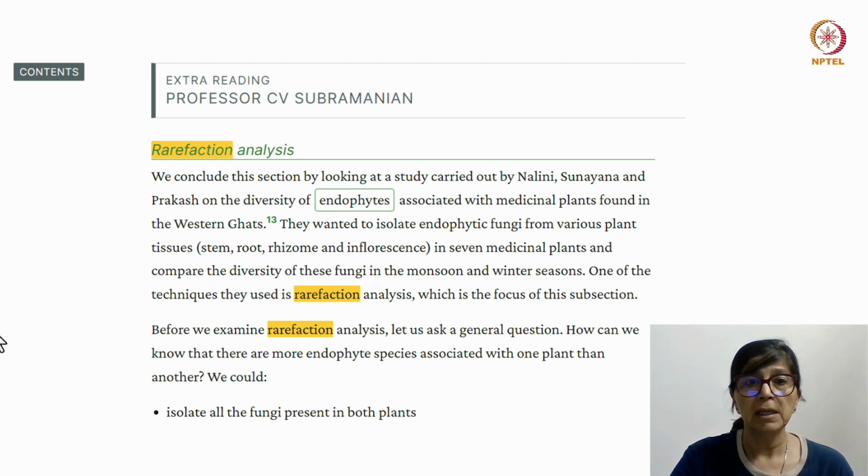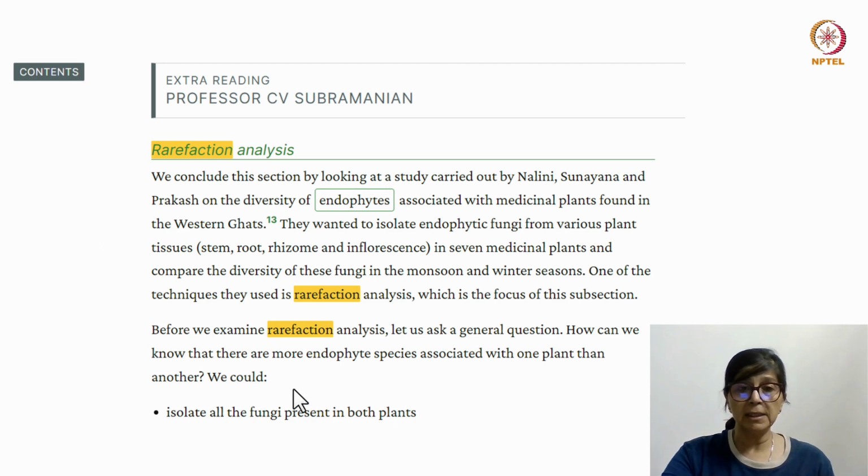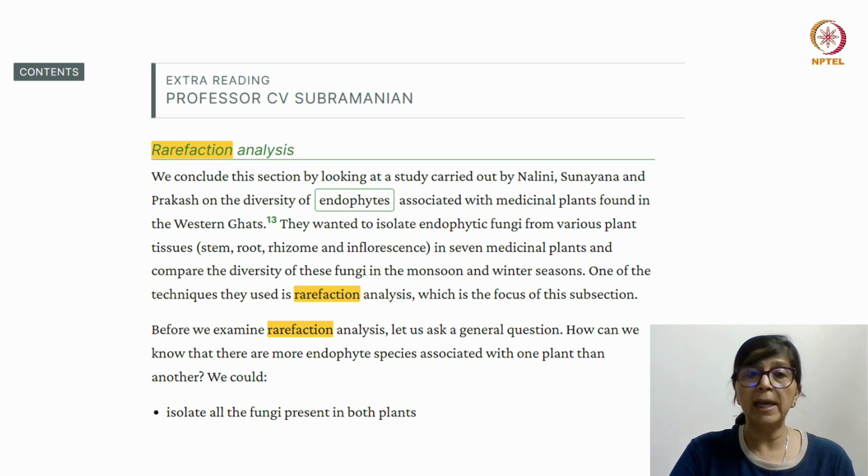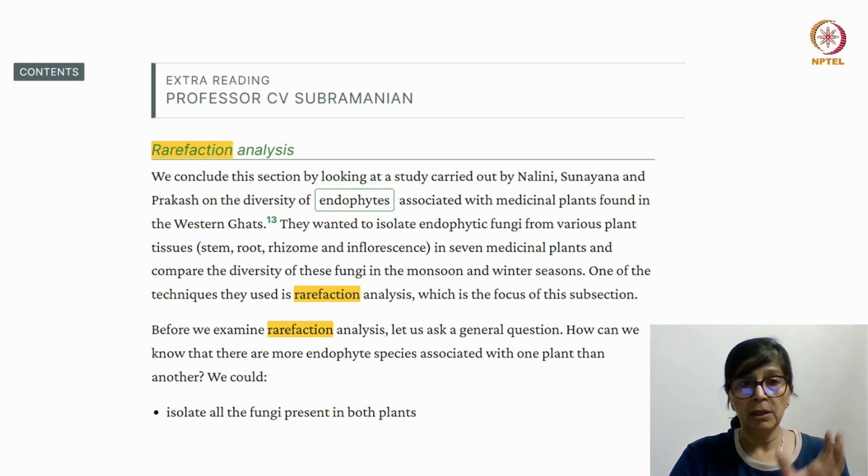You can see it's called rarefaction analysis, and it has been given step by step. We have given the process and help to understand how you can use just species richness to estimate diversity of an area, and also how you can compare different areas for their diversity.